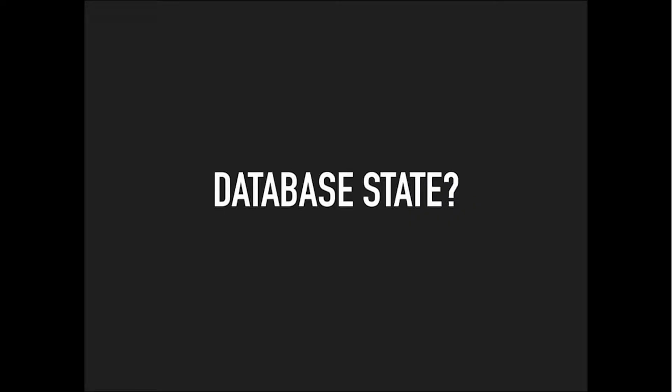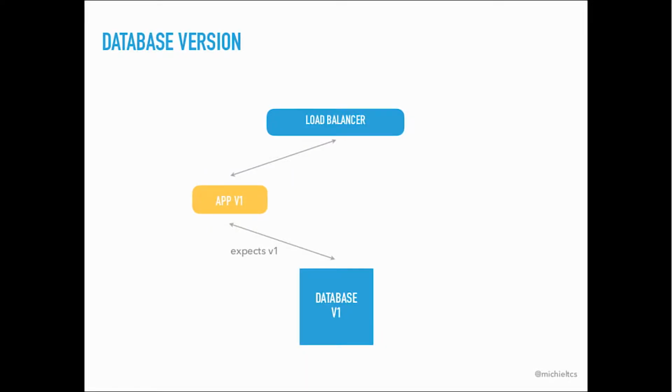However, when you insert database state into this little mix, it becomes a little bit more complicated. We still have our load balancer. We still have app v1. But app v1 expects the database to be in v1 as well, right? And then we migrate the database to v2, and now app v1 is broken.